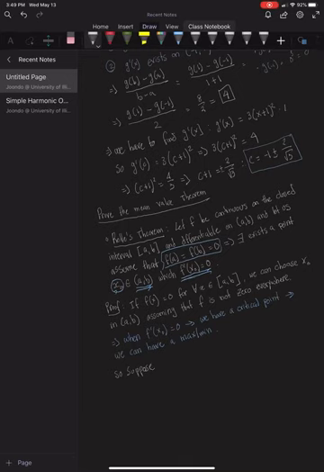Suppose f has a maximum at x1 and a minimum at x2. Okay?